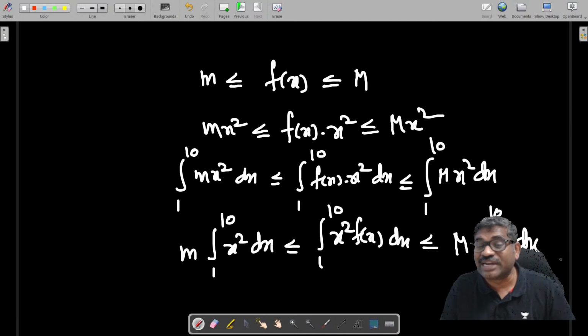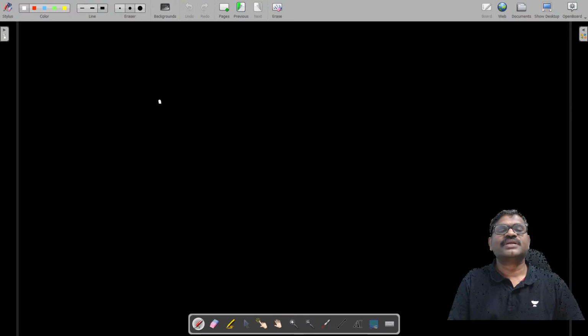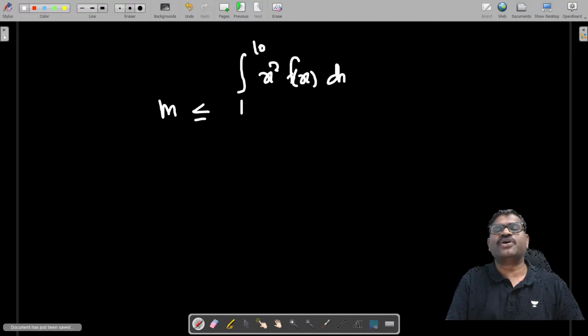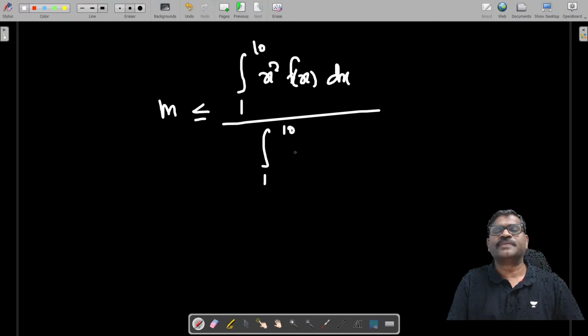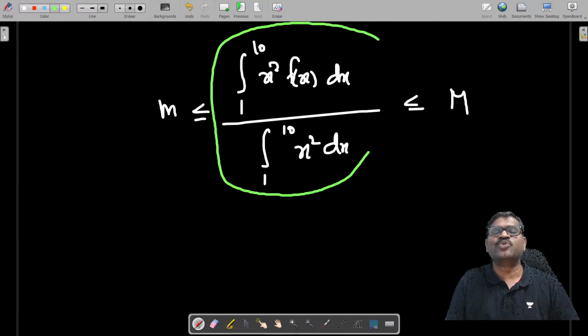Now divide throughout by integral 1 to 10 x square dx, then what will come? Small m less than or equal to integral 1 to 10 x square into f of x dx by integral 1 to 10 x square dx less than or equal to capital M. This value is nothing but mu.